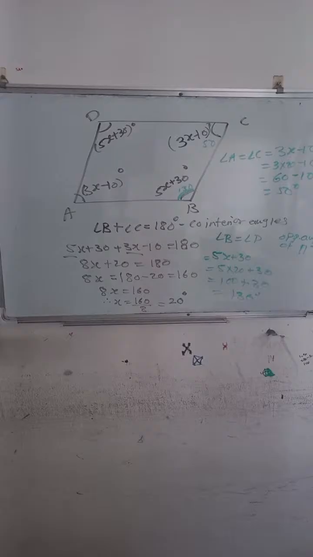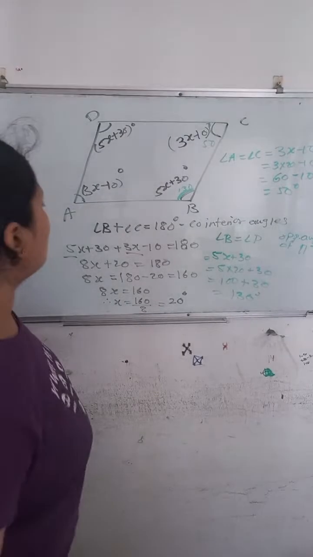Okay, calculating. We have a parallelogram and their adjacent angles are 2:7.